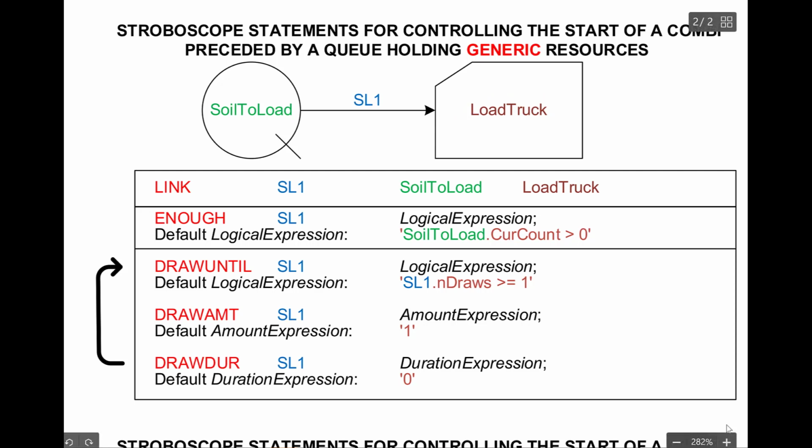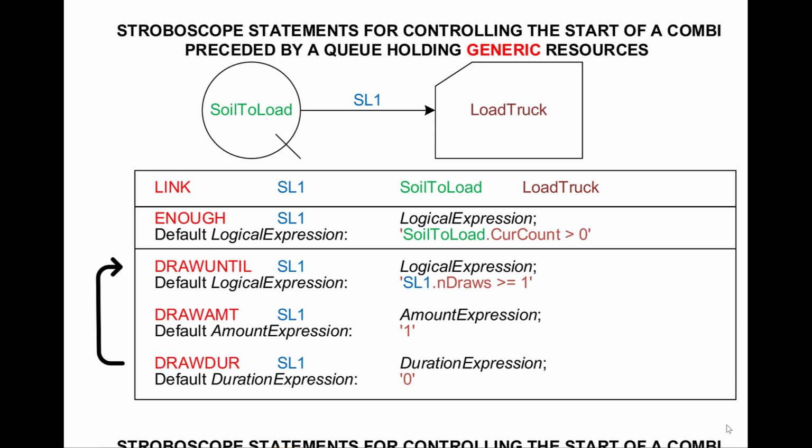Notice that the enough attribute is an attribute of the link SL1. It is not an attribute of the preceding queue soil to load, even though what we are comparing here is the current contents of the queue soil to load to the value 0. We're not comparing an attribute of the link to any value.